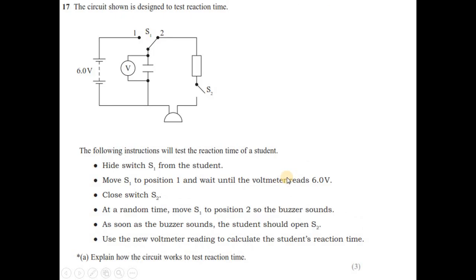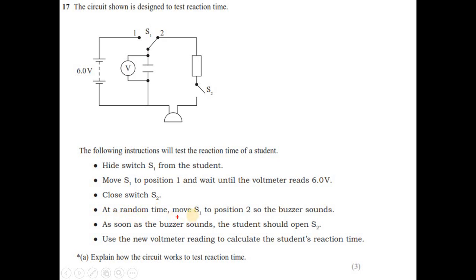Question number 17. The circuit shown is designed to test reaction time. This is the circuit. The following instructions will test the reaction time of a student. Hide switch S1 from the student, move S1 to position 1 and wait until the voltmeter reads 6 volts. Then close switch S2.